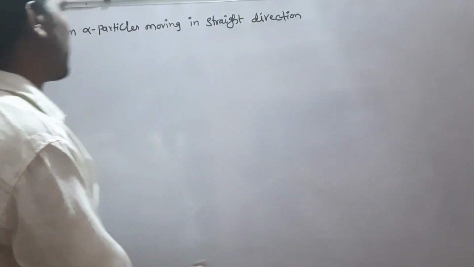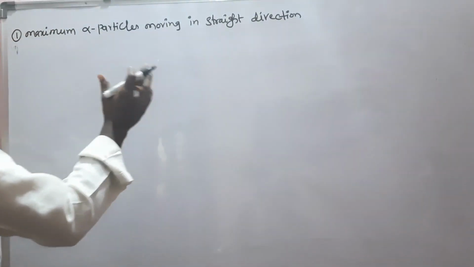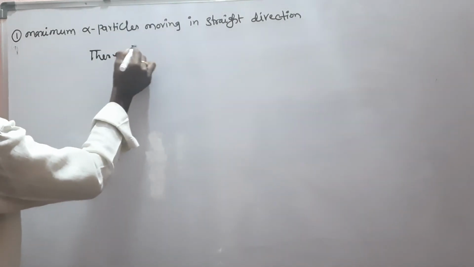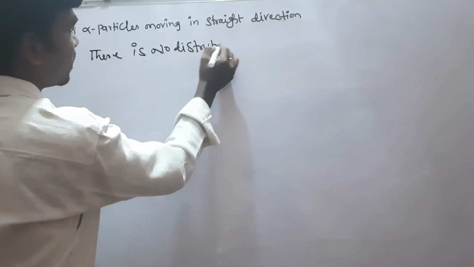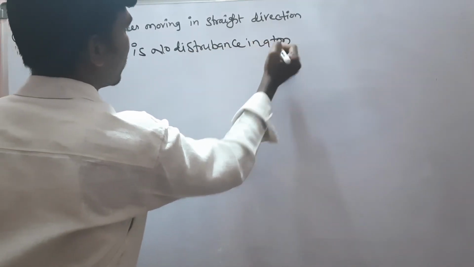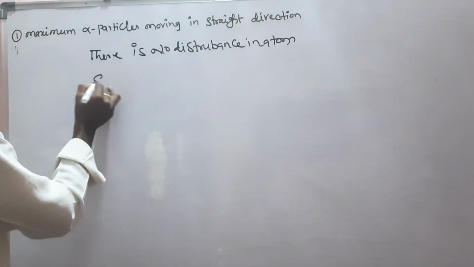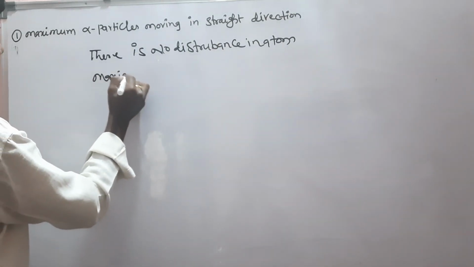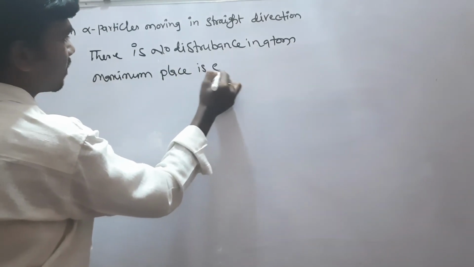So the first observation is that maximum alpha particles move in a straight direction because there is no disturbance for them. There is no disturbance in the atom, which means the maximum place is empty.